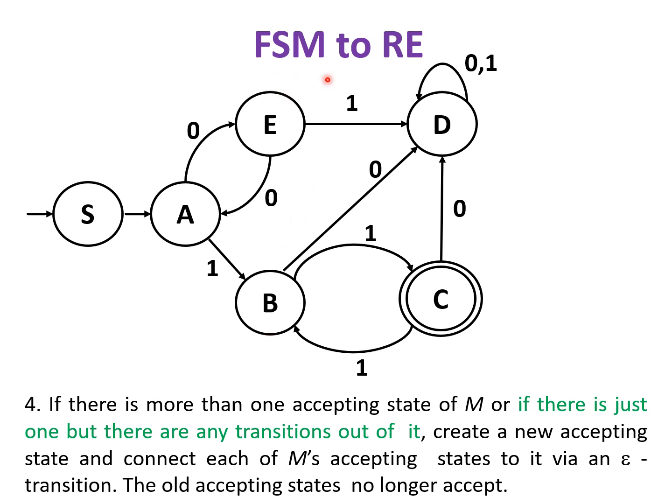Here there is only one accepting state C, from which we have outgoing transitions, 0 to D and 1 going to B. Hence, we create a new accepting state F with an epsilon transition from the previous accepting state C, and now you can see C is no longer an accepting state.